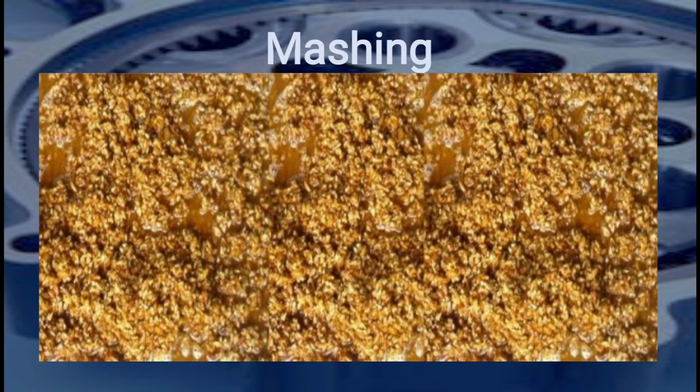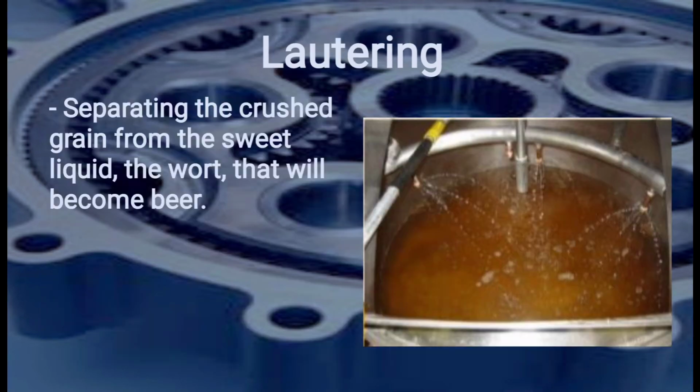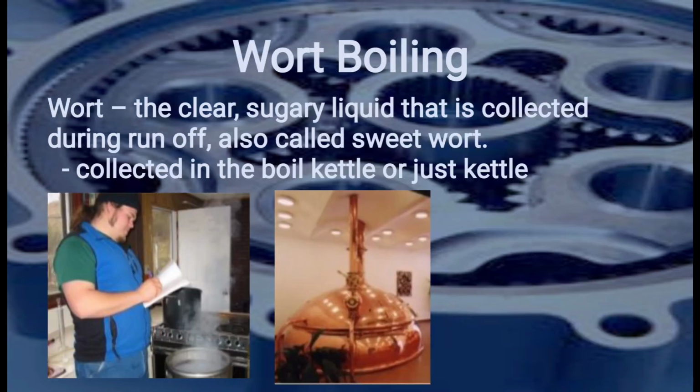The mashing process. The temperature determines how the sugars are broken down in the mash, which dictates what the yeast will eat. In simple terms, it is the breakdown of complex sugars into simpler forms. Next, the lautering process. It is separating the crushed grain from the sweet liquid, the wort, that later on will become beer.